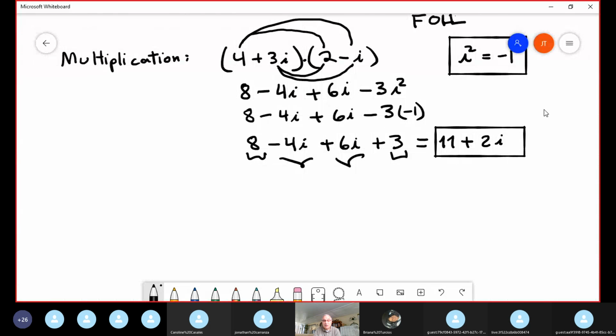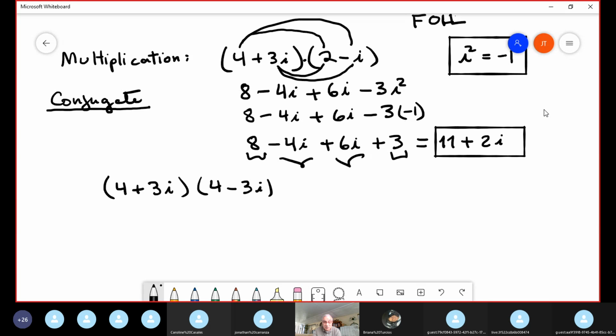However, multiplication has another important case in which you multiply any complex number times its conjugate. This idea of the conjugate is super important. What is conjugate? Conjugate is the same complex number, but with the opposite sign in the imaginary part.